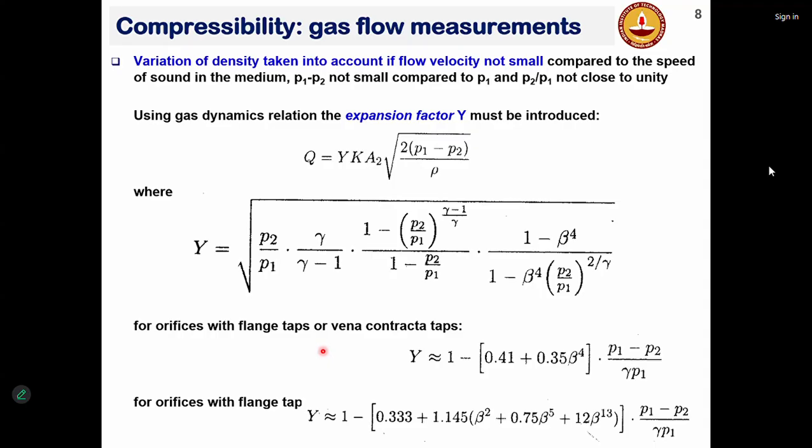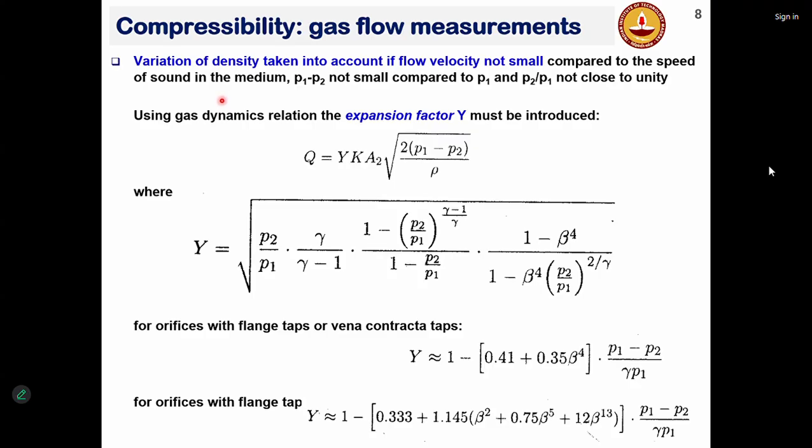In case of compressible flow, in addition to correcting for the viscous losses and eddy losses, which is accounted by K, you have another factor which is called expansion factor. This comes from gas dynamics, where you talk about flow of compressible fluid.